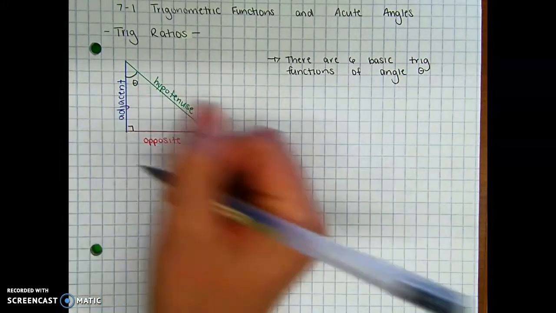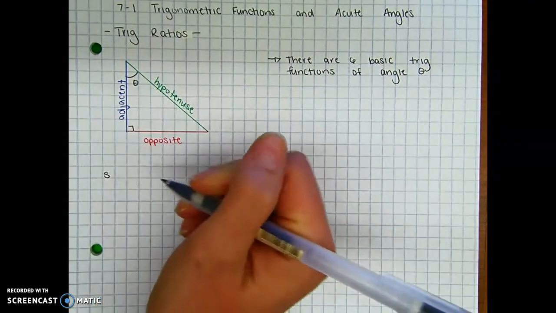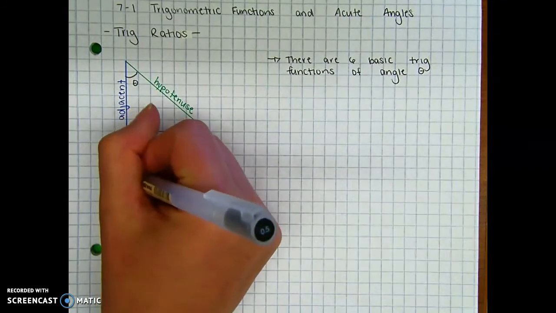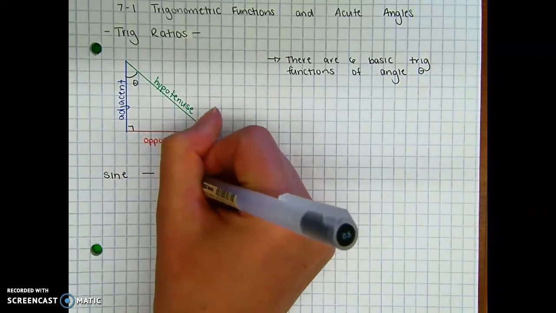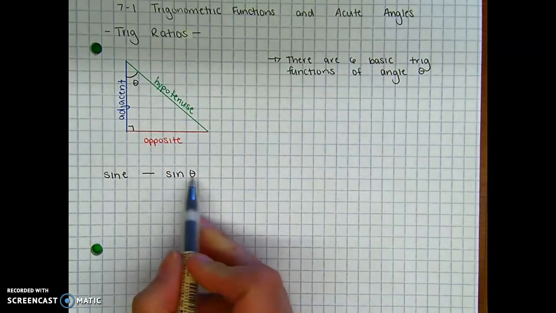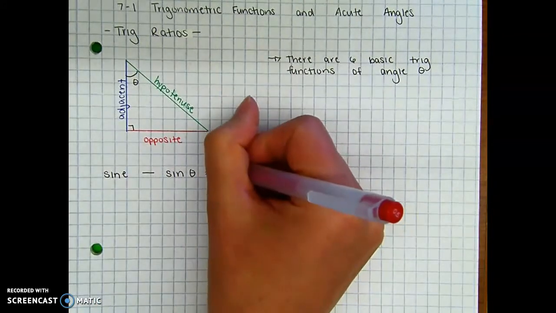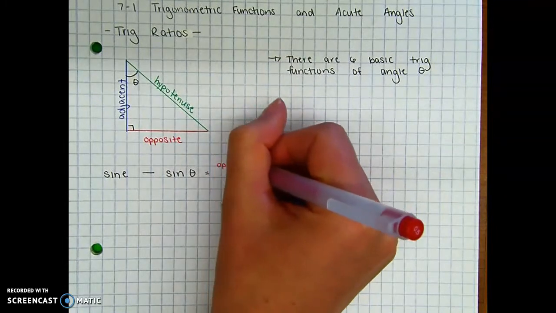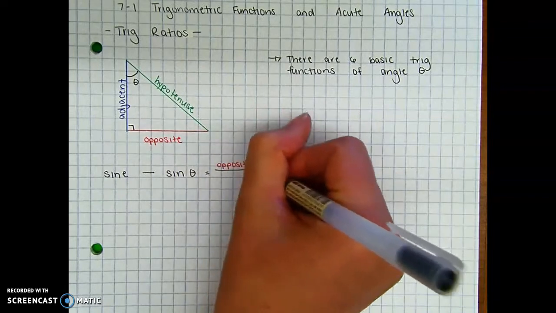You know, or you should know, sine. In your calculator, it is written sin. So sine of theta is equal to the opposite side over the hypotenuse.